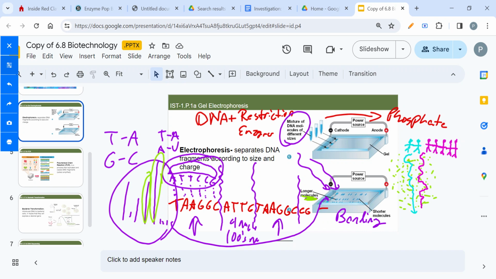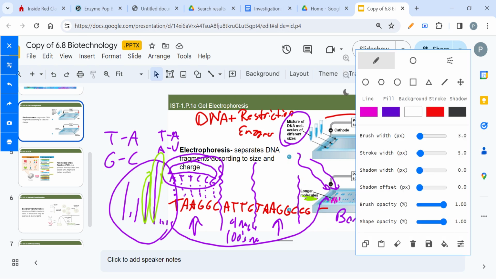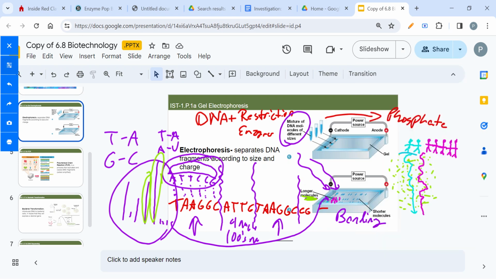So the longer ones basically stay over here in these regions, while your shorter patterns, like the ones right here, are able to go out a lot further. It's a lot easier for them to move through the gel as opposed to the longer ones over there, and that's what we end up seeing. Now why we're talking about this: let's say that vid gene, the bioluminescence gene.